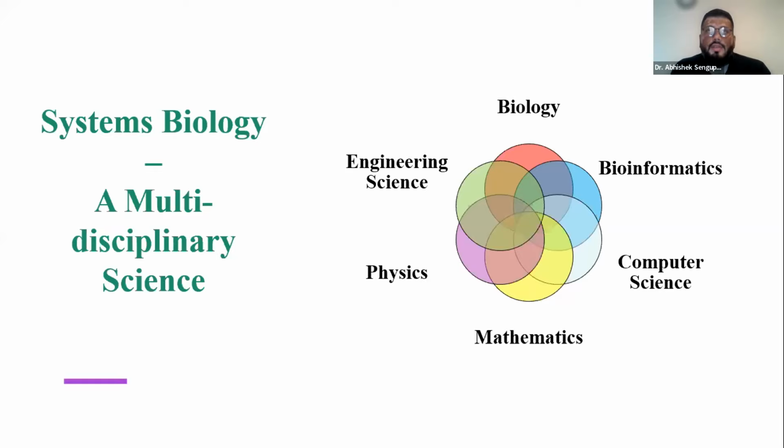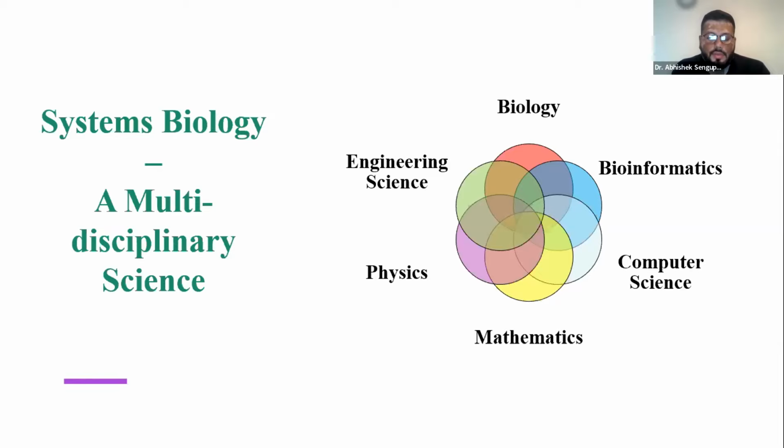Then mathematics, definitely. When we create predictive models in systems biology, we use different mathematical approaches, like ordinary differential equations and partial differential equations, ODEs and PDEs, then various probability based approaches, then stoichiometries, matrices.